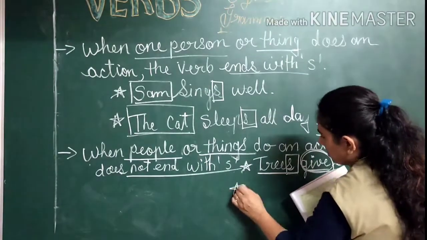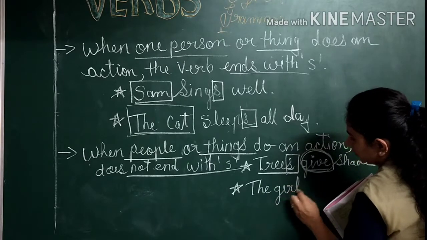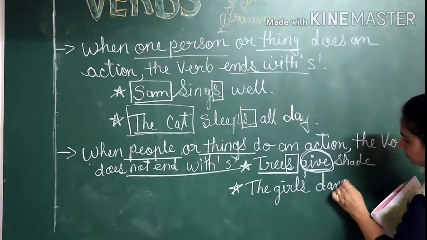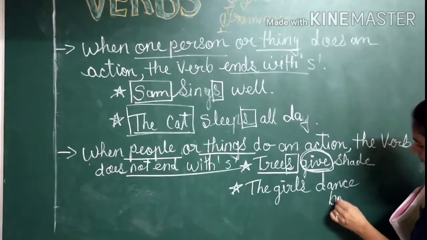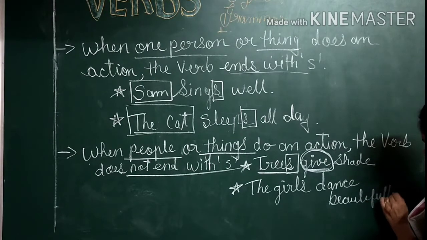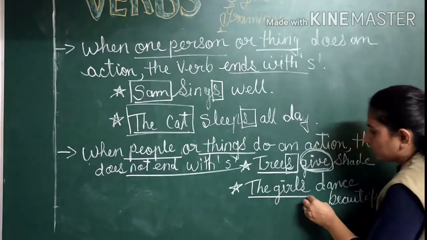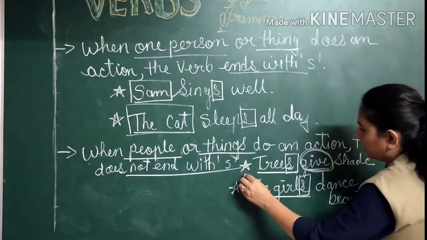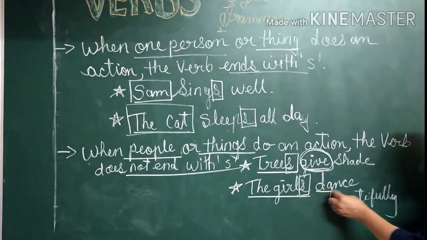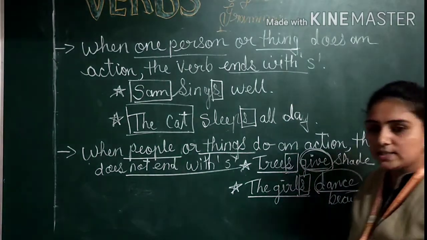The second sentence is: the girls dance beautifully. The girls dance beautifully. Here they have talked about the girls, several girls, like more than 1, 2, 3, 4, many girls are there. So here dance के आगे हमने s नहीं use किया है. Understand both of the cases.